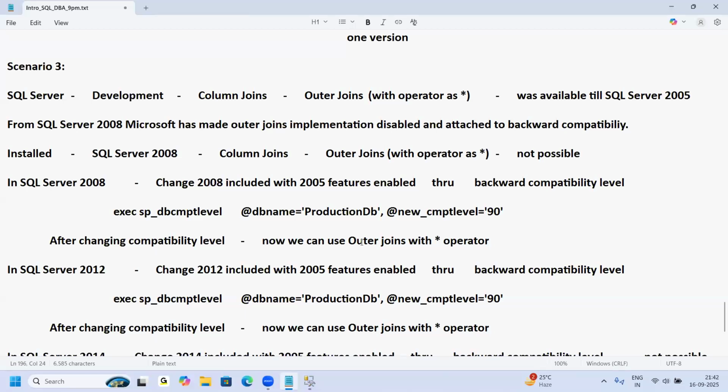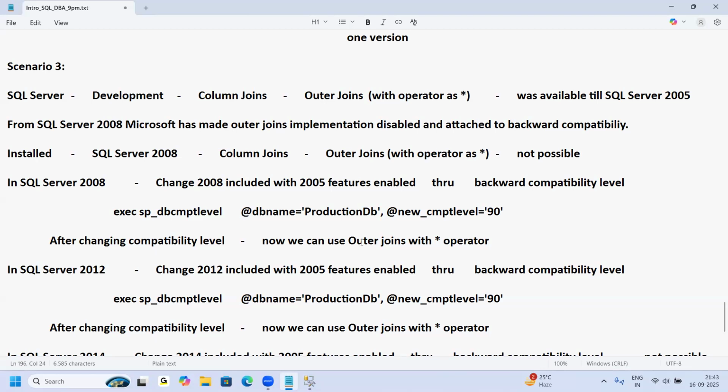After 2021, is there no SQL release, or is SQL Server 2016 the last version? No, as I said, even though the latest versions are being released, the older ones are still being upgraded. Are you following me? 2022 is also released, but changes are still going on in 2017 and 2021.